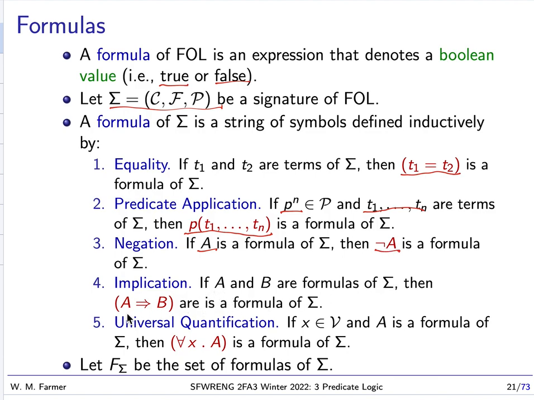If A and B are formulas, then A implies B is a formula. And if x is a variable and A is a formula of sigma, then for all x, dot A is a formula. So we have 5 ways of constructing formulas: equalities, predicate applications, negations, implications, and universal quantification.